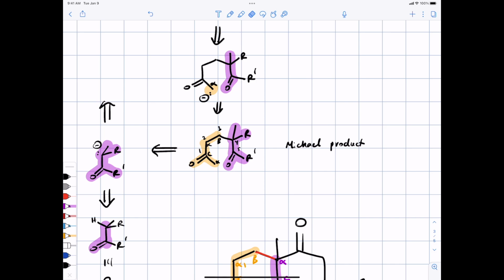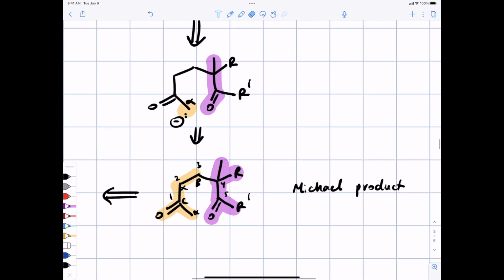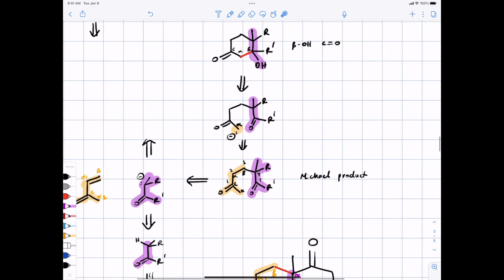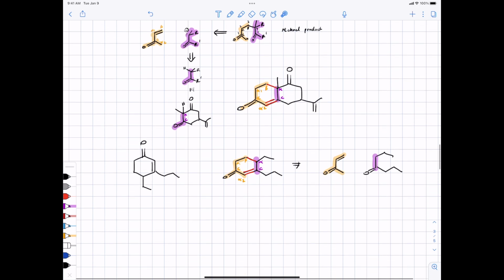In general, this one's always going to make more sense. And if you're thoughtful about the questions they write, you're going to see them making choices that prevent you from doing the other thing. For example, we talked about how this methyl group makes it so that the other choice isn't a good option. But this strategy will always work to give you good starting materials for the Robinson annulation.